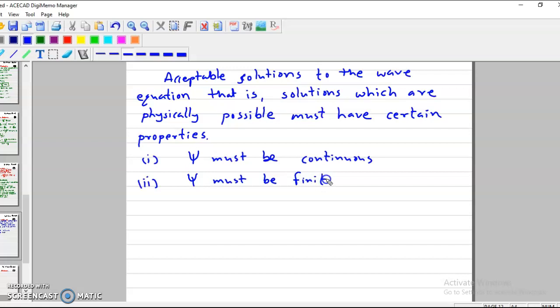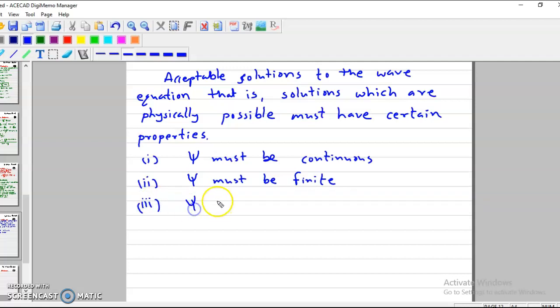Why? Because it is the wave function of electron, and electron is revolving around nucleus. So there will be certain space around nucleus in which we find electron, and therefore the value of psi cannot be infinite. It should be finite.